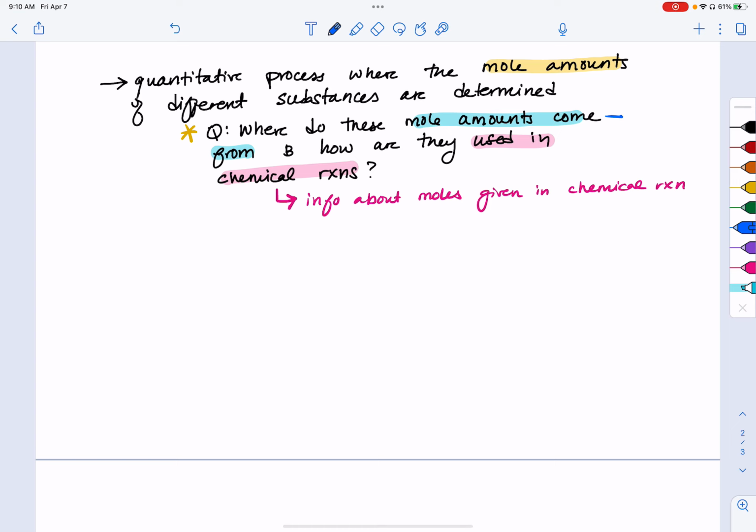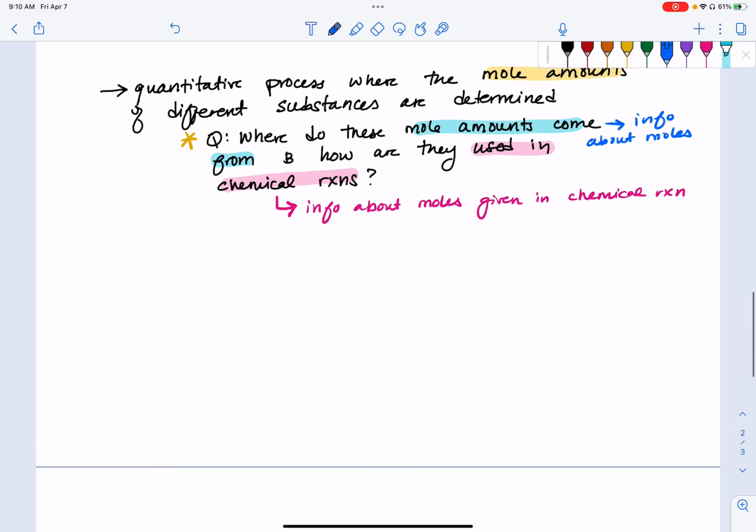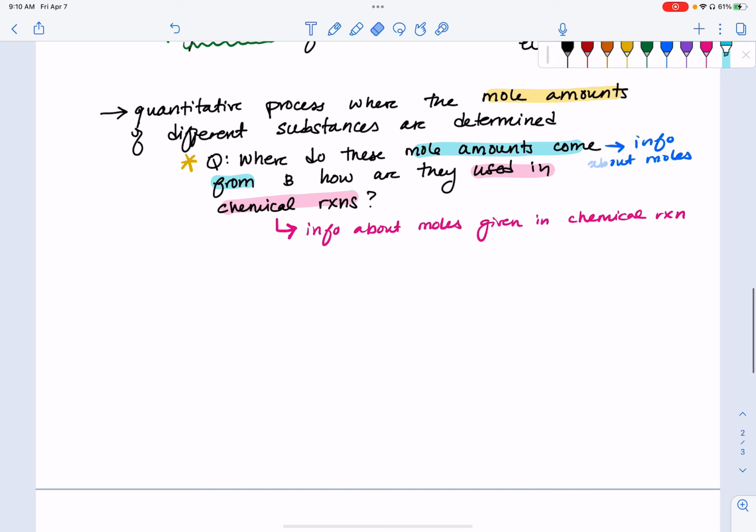And we are also going to look at some kind of information about moles that is given by our actual reacted quantities.